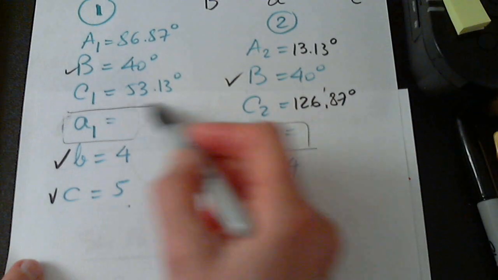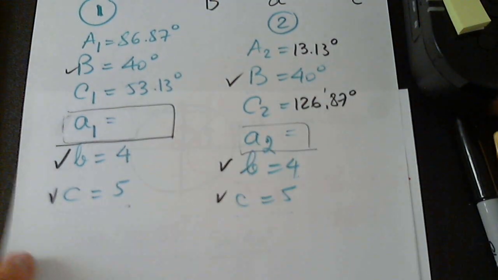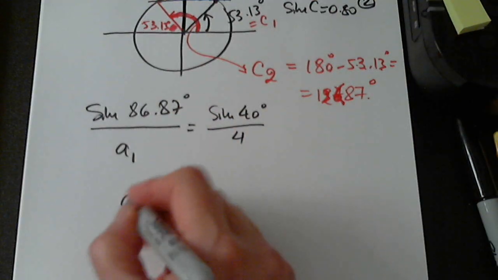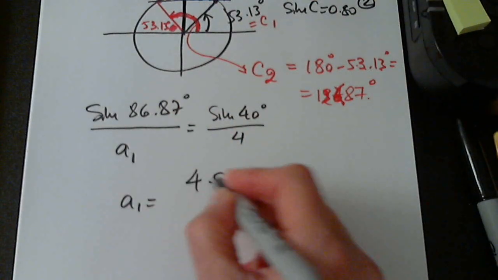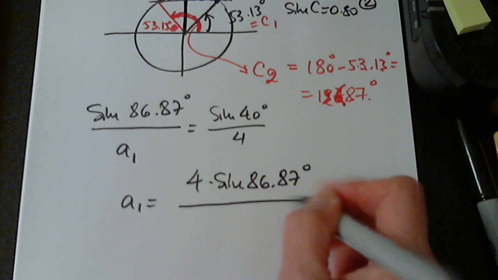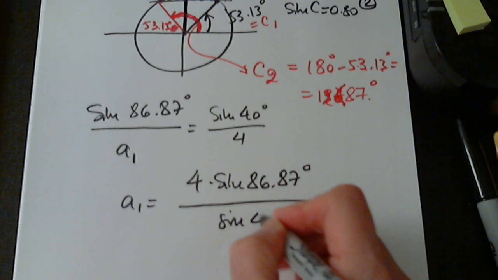And that's how we determine A1. So cross multiply and divide. So then A1 equals 4 times sine 86.87 degrees over sine 40.